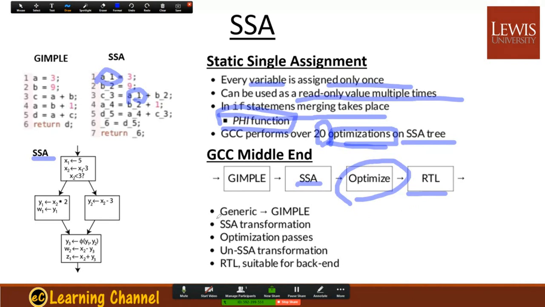So we get the tree from generic to Gimple format, to SSA transformation, optimization on SSA, and then go back to register transfer level language, which will be suitable for backend assembly generation.